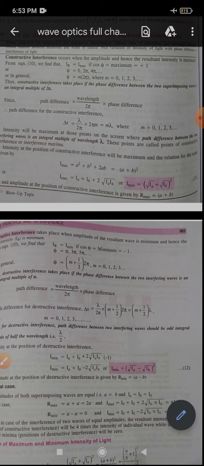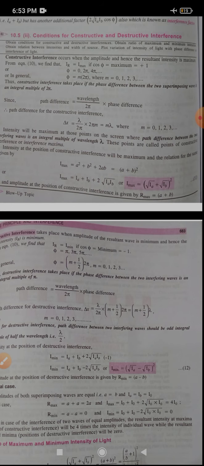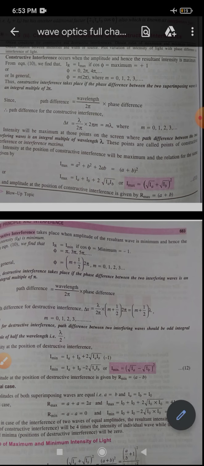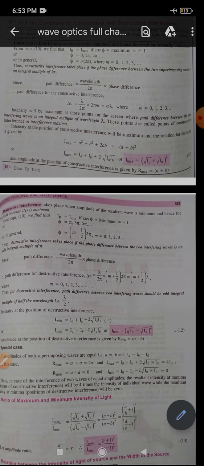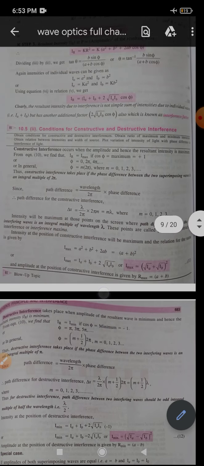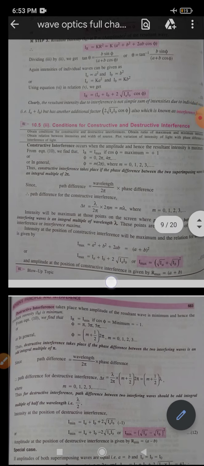Therefore, the path difference for constructive interference is delta x equals lambda divided by 2 pi into 2 pi m, because it is an integral multiple of 2 pi. So we get m lambda, where m is an integer, that may be 0, 1, 2, 3 and so on. The intensity will be maximum at those points on the screen where the path difference between the two interfering waves is an integral multiple of wavelength lambda.